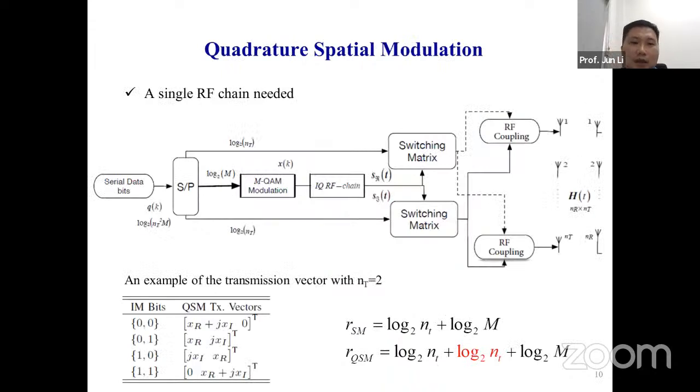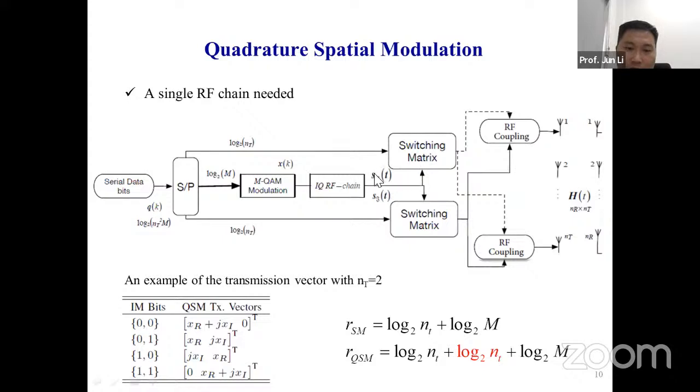This is another variant spatial modulation scheme we call quadrature spatial modulation. In conventional spatial modulation, the transmitted signal is directly sent to the receiver, but in the QSM scheme, the transmitted signal is split into 2 dimensions.